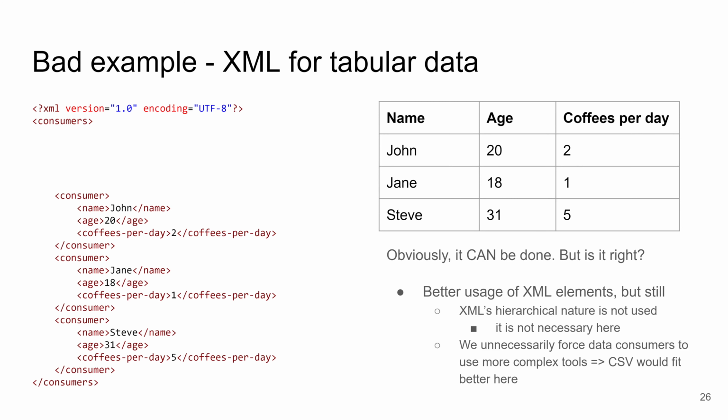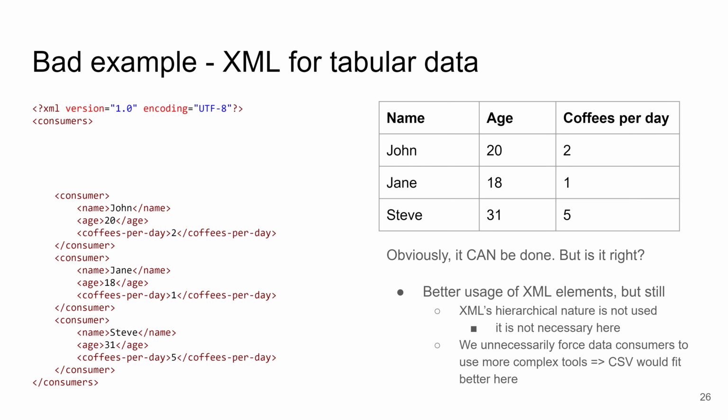Actually the table is a set of consumers, and there is a consumer who has a name, age, and number of coffees per day. So this is obviously a better usage of XML, because when we take a look at this XML, we see what the data is about.